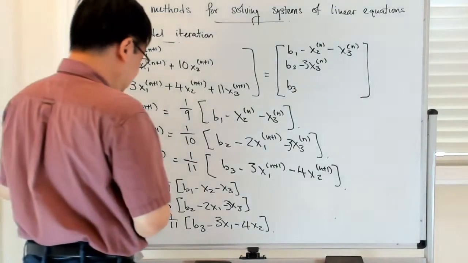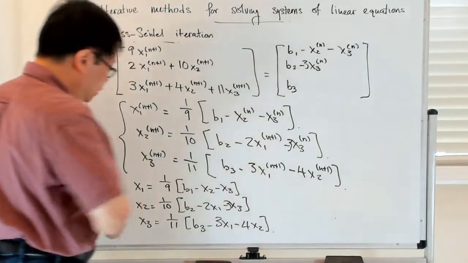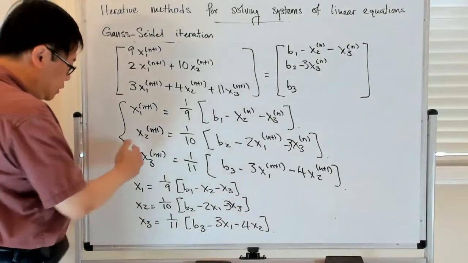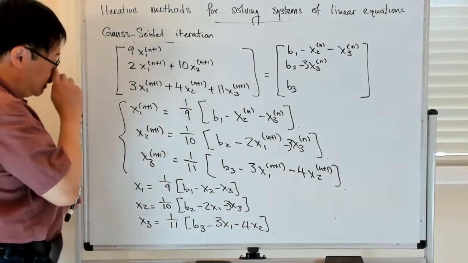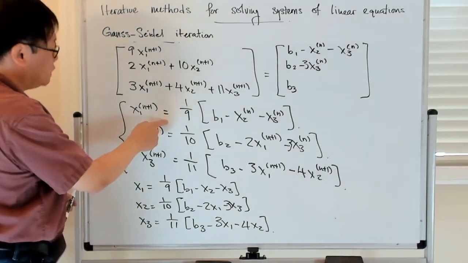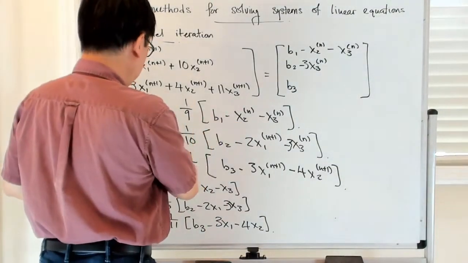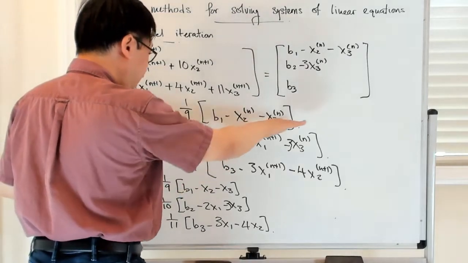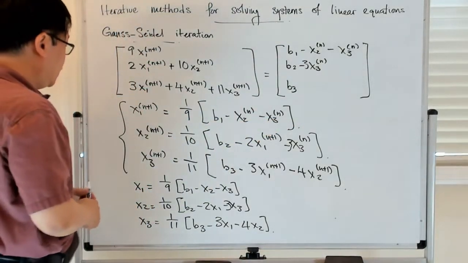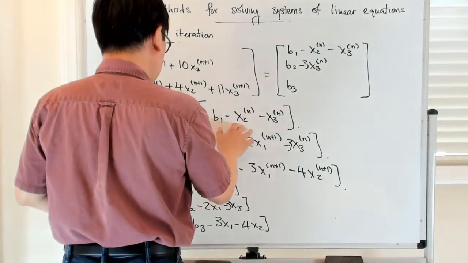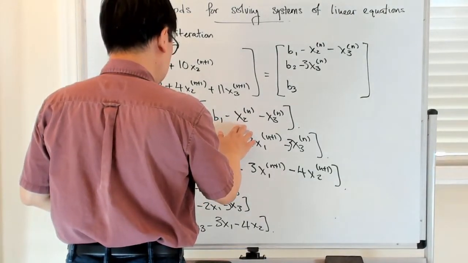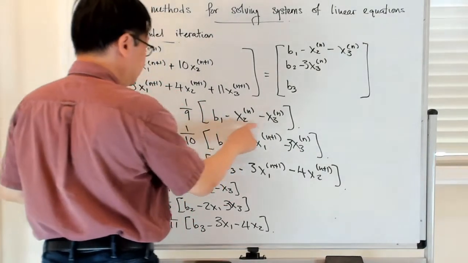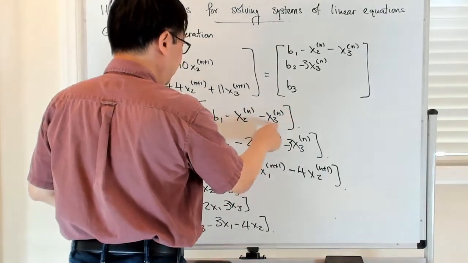Except that with a traditional fixed point iteration, everything on the right is the nth value, and everything on the left is the (n+1)th value. Here with Gauss-Seidel, it's a little bit different because I'm looking at the entries row by row. For the very first row, for x2 and x3 I use the older values, the nth iterates.